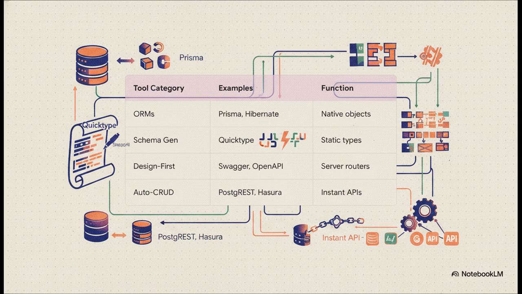Then, design-first generators like Swagger and OpenAPI step in. You define your spec file once, and it automatically stamps out your server routers and client SDKs. And finally, for absolute blazing speed, auto-CRUD APIs like Postgres or Hasura hook straight into a database to instantly auto-generate fully functional REST or GraphQL APIs without writing a single line of boilerplate.